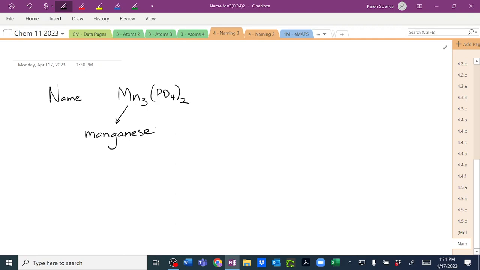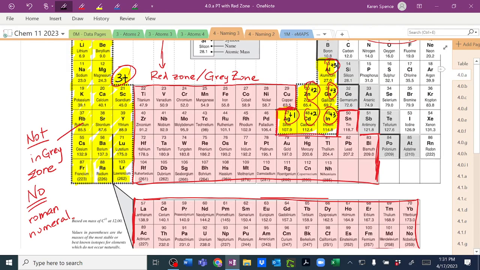We go to our periodic table, and we look up manganese. Manganese is in the gray zone, therefore it needs a Roman numeral. So let's go figure out the Roman numeral for manganese.